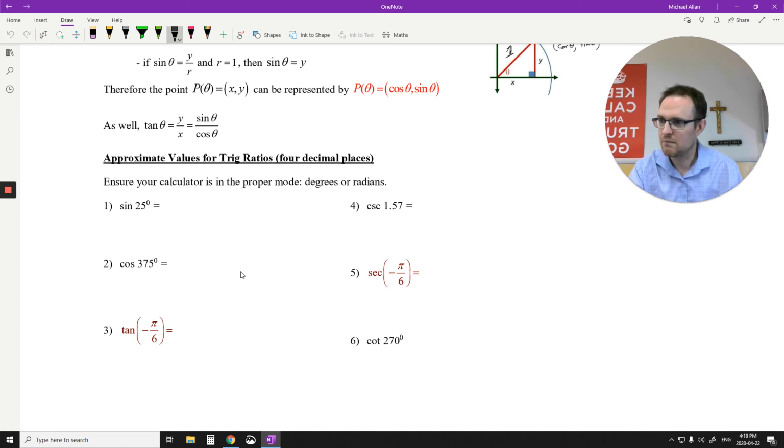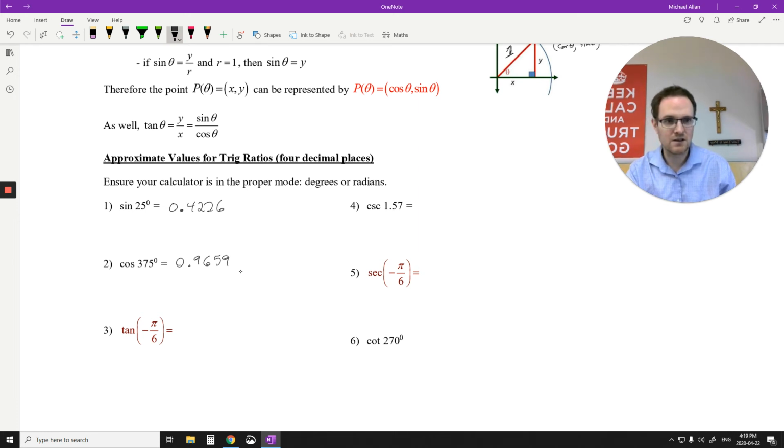All I'm going to do here is have an approximate answer. It doesn't specify, 4 decimal places at the top there. So you just punch in your calculator and you get the approximate answer. So like cos 375 is 0.9659, okay.